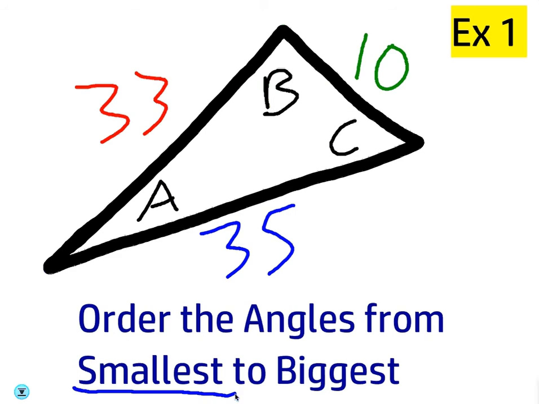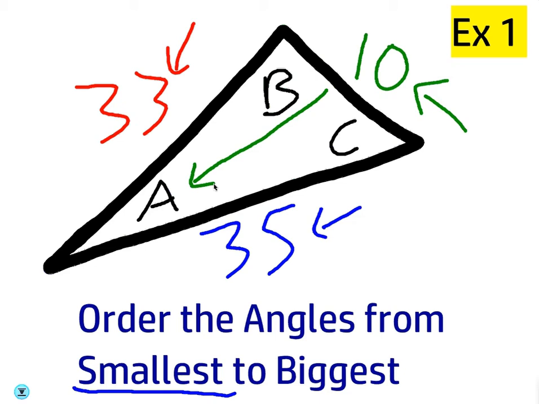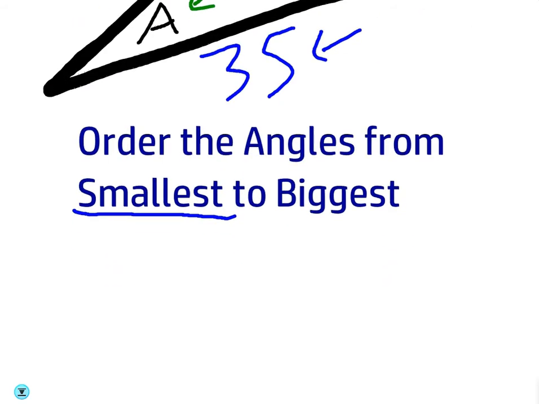Well, it's not really labeled, but this is the biggest side. Next biggest is this one. And then this is the smallest. Okay. So, since 10 is the smallest side, all you have to do is look and see what is opposite of that side, and that would be angle A. So to start out with, the smallest angle is angle A.